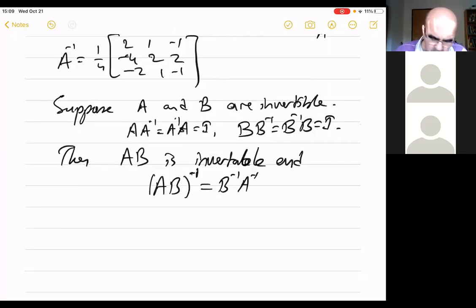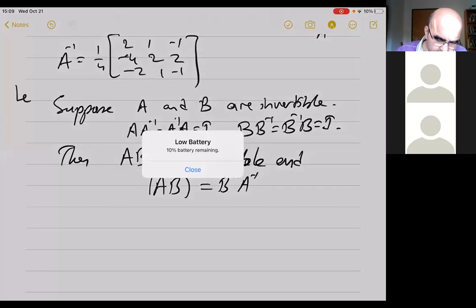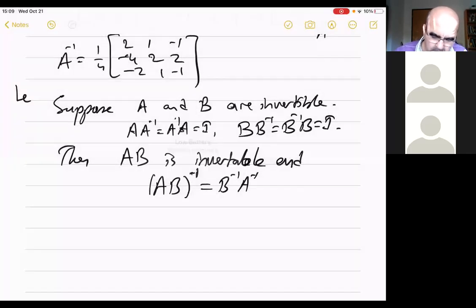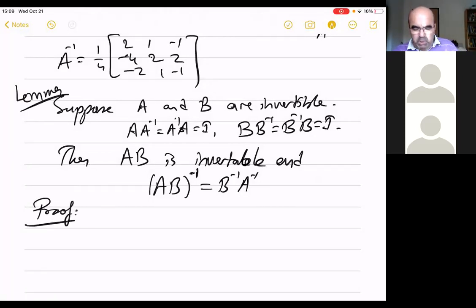So why is this true? Let's write this as a lemma. You can show it like this. In order to show that the inverse of AB is B inverse A inverse, you just multiply B inverse A inverse by AB, this should be identity, and we should multiply from the other side too.